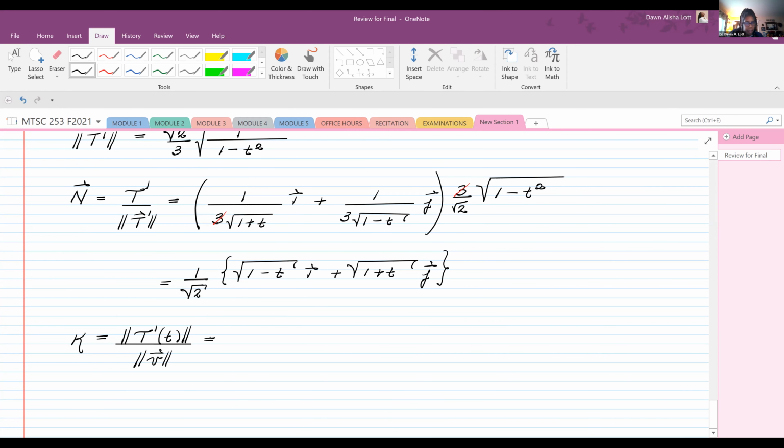Kappa is the length of t prime, let me double check.